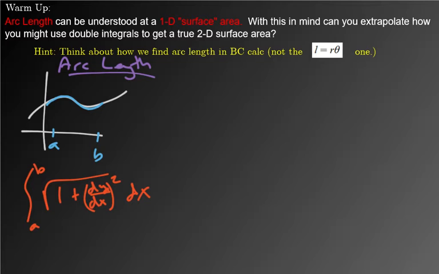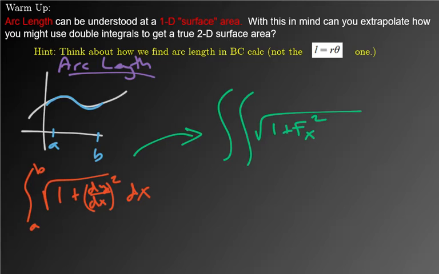And so it's pretty reasonable to guess that where we're going with double integrals, if we truly want the 2D surface area of some surface, is the square root of 1 plus the partial of f with respect to x squared plus the partial of f with respect to y squared, with a dx dy, or maybe more generally a dA, some area element.